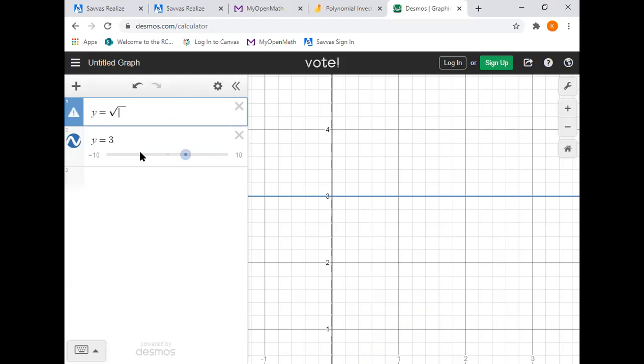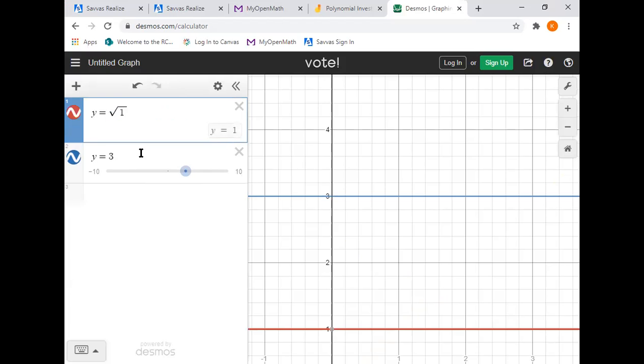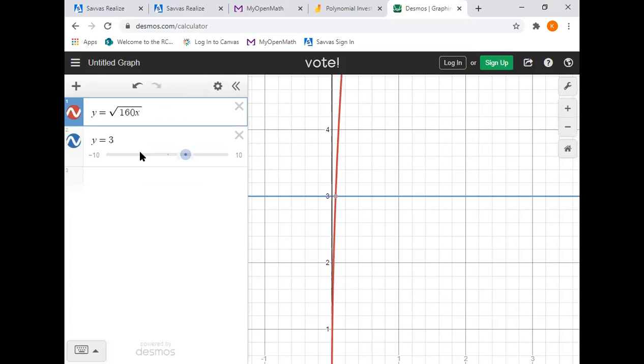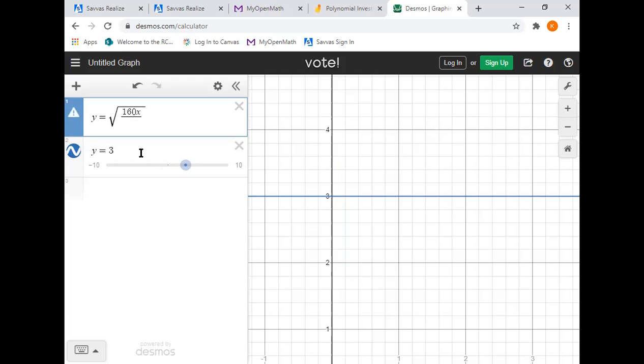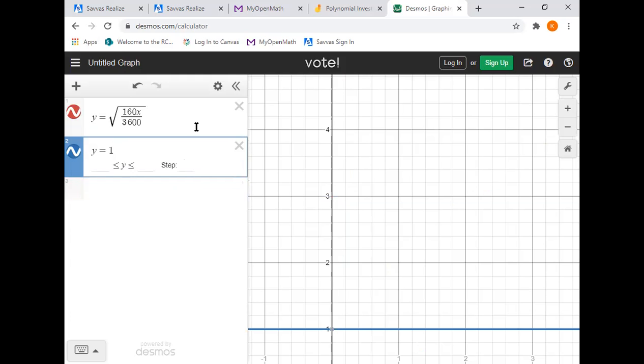And in the numerator had 160x all divided by slash 3600. And we were wondering when it actually equals 1.9. So it's not 31.9, 1.9.